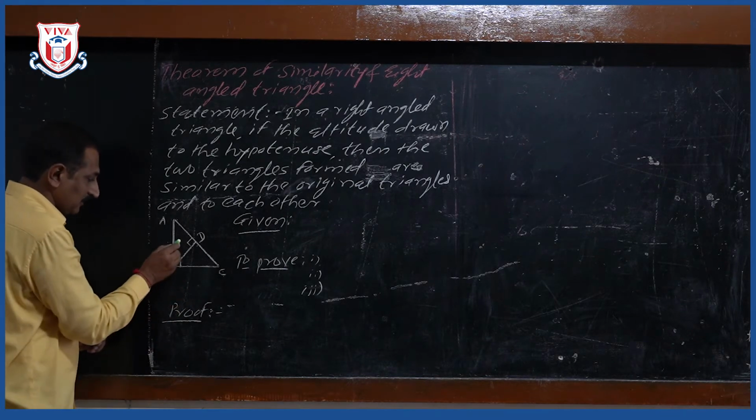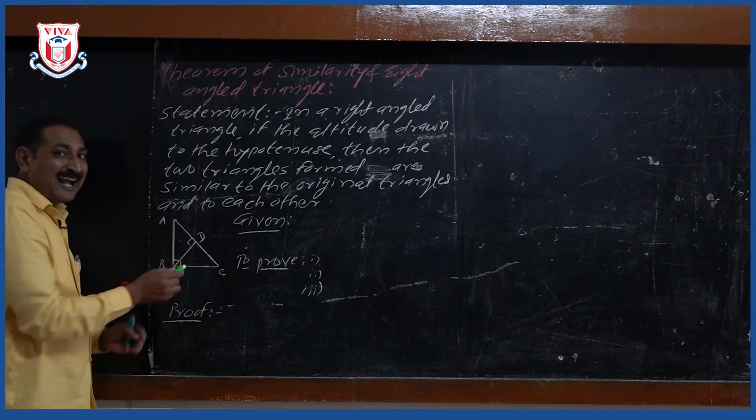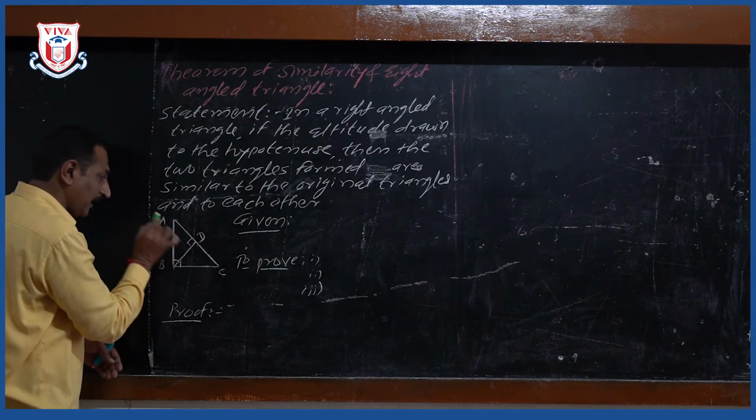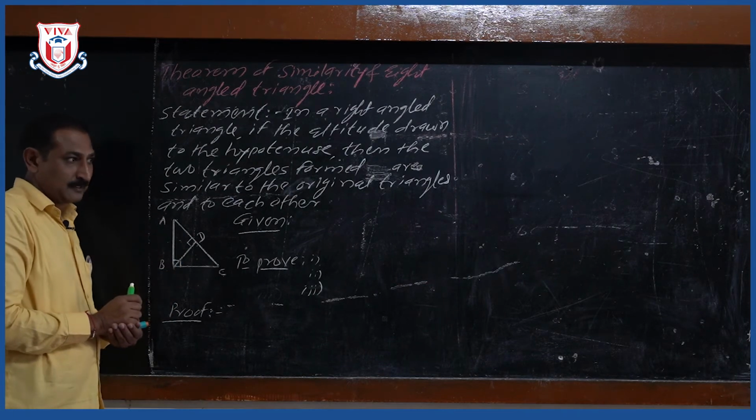Which are the two triangles? Triangle ADB and triangle BDC. These two triangles are similar to the original triangle and to each other, meaning these two are also similar.